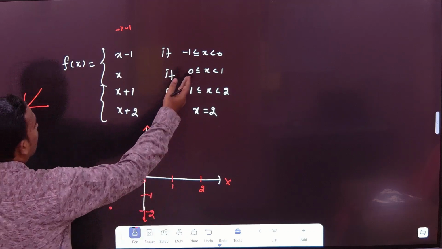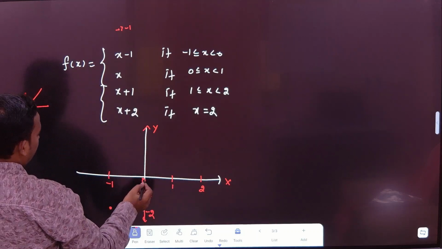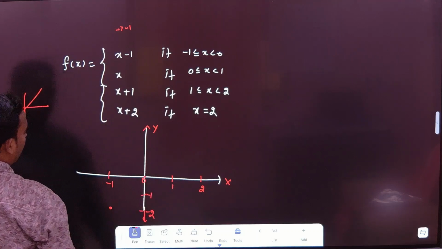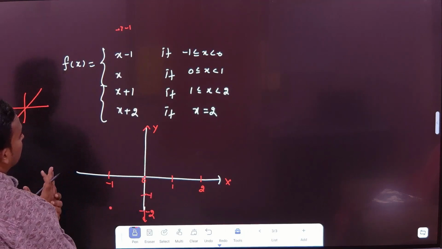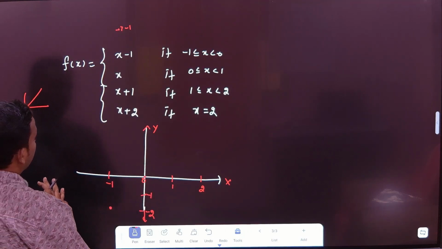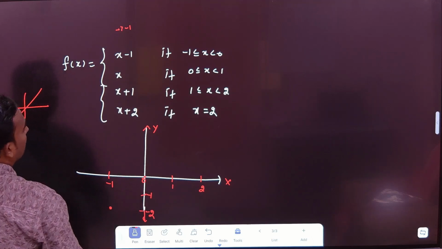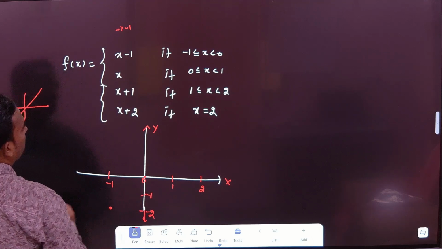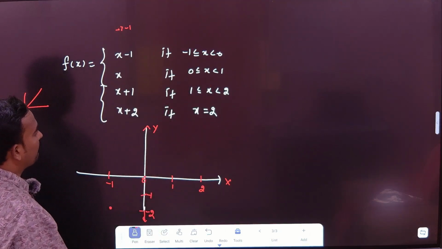If you take 0, you get minus 1, but 0 is not included, right? So you can see how this graph will be. Let me take one more point: minus 1 by 2.